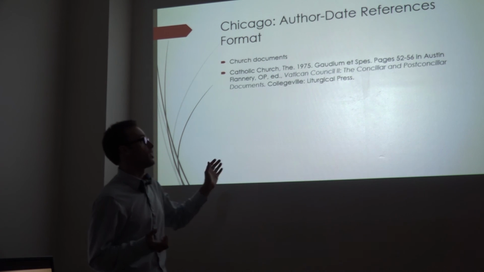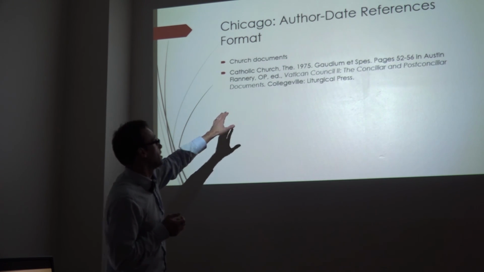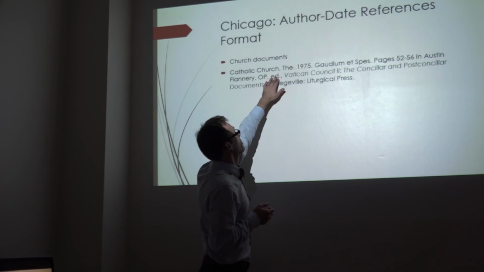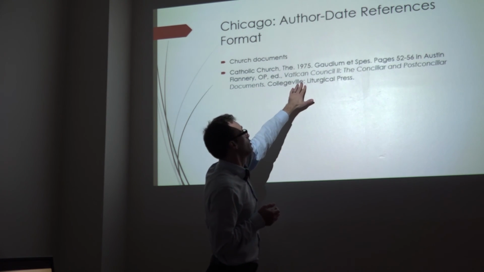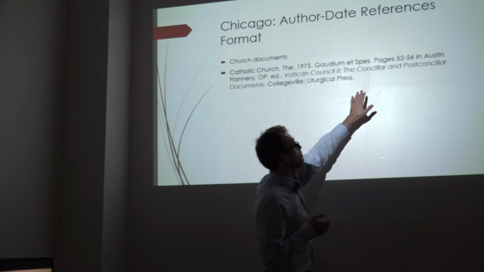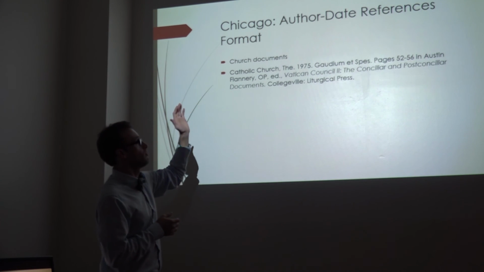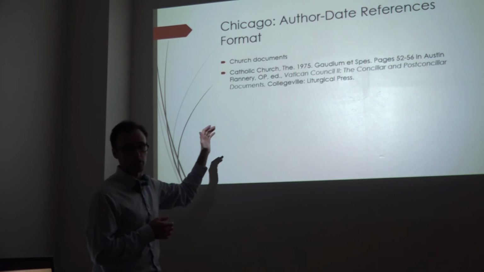So for example, the church document is the same church document I cited earlier. You would cite, again, Catholic Church, comma, the, period, year, and then the name of the work, and then pages 52 to 56, and then the editor, and then title, and then publication information.